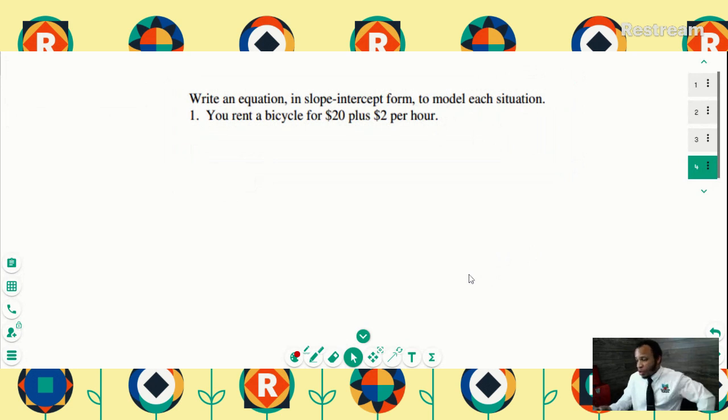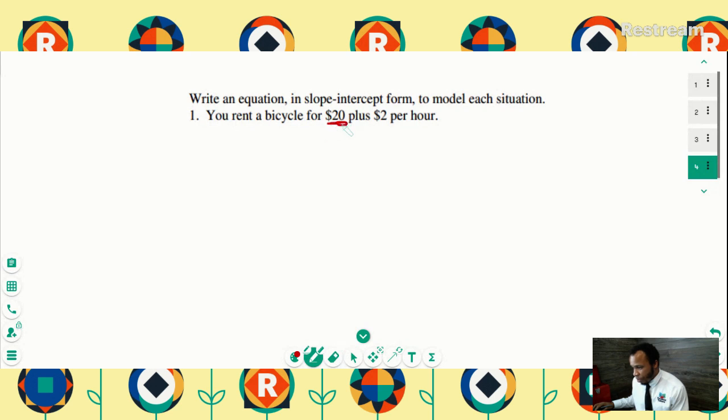So here what we have is a word problem where they want us to write an equation in slope-intercept form to model this situation. So it says you're renting a bicycle for $20 plus $2 per hour. So first, the key pieces of information that we have is that we have the flat rate of $20.